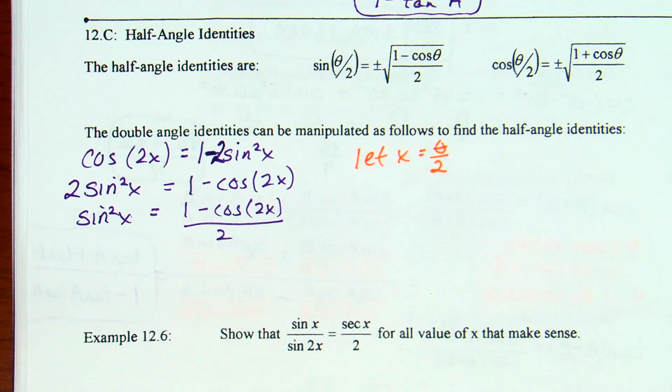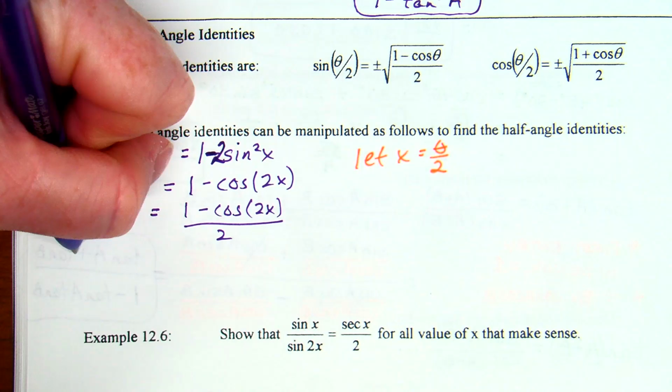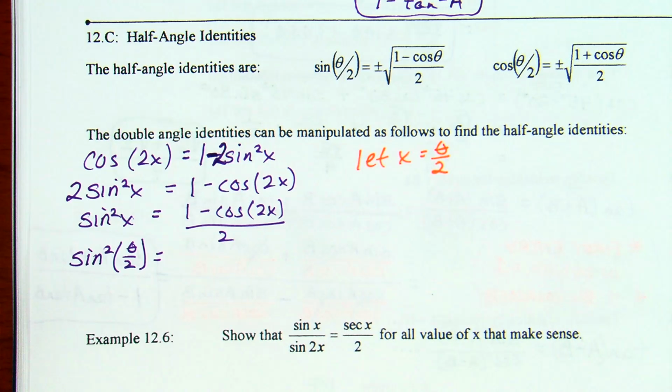So if I go ahead and rewrite this, I'd rather get it done now. Sine squared x. Instead of x, what am I replacing x with? Theta over 2. So it's sine squared of theta over 2 equals 1 minus cosine of 2 times x, except what is x?